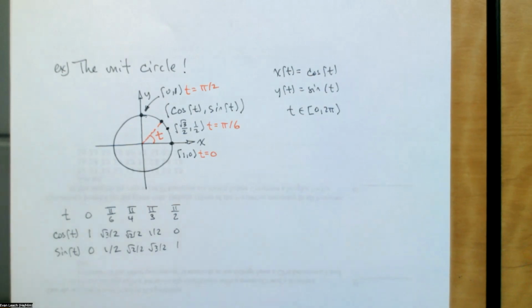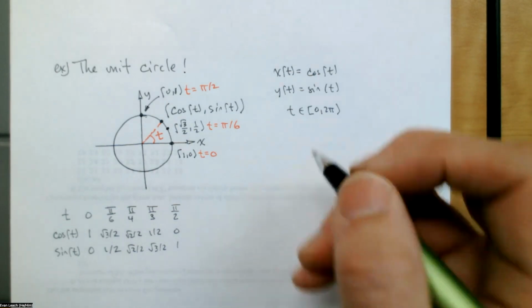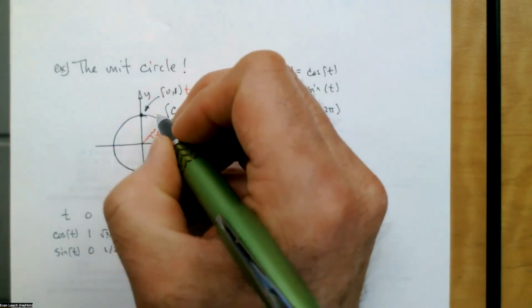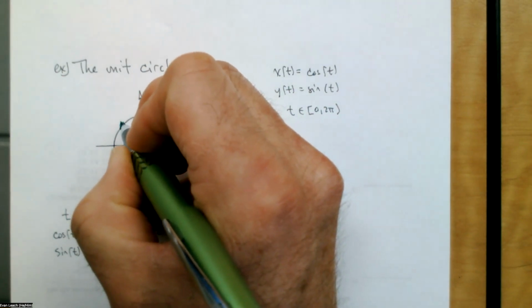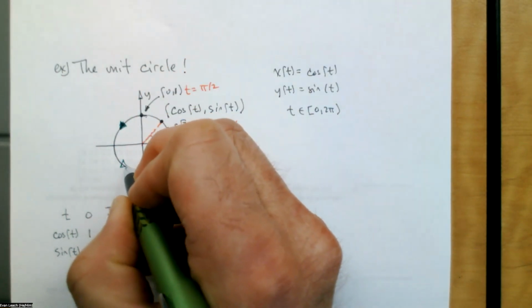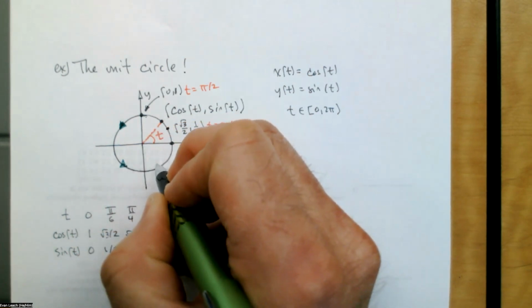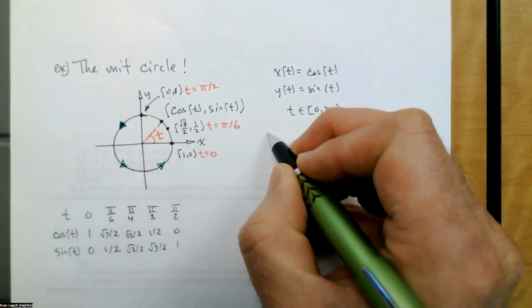Now, not only do we know that this makes a circle, but it's going to make a circle starting at 1, 0 and going around once counterclockwise. So there's more information with these parametric equations. So parametric equations also establish an orientation on our curve.